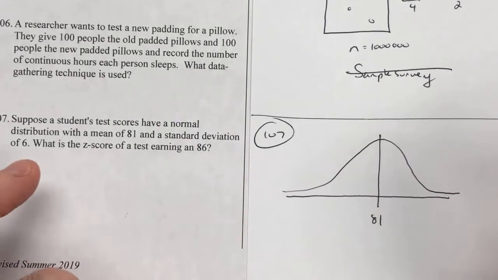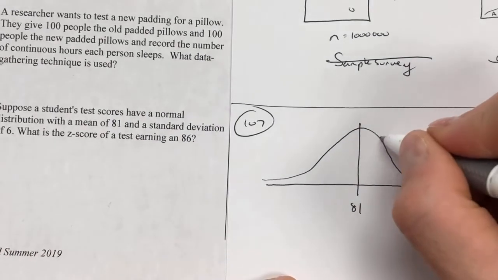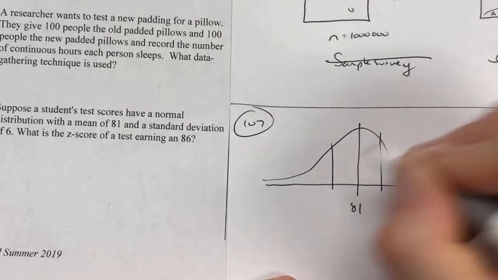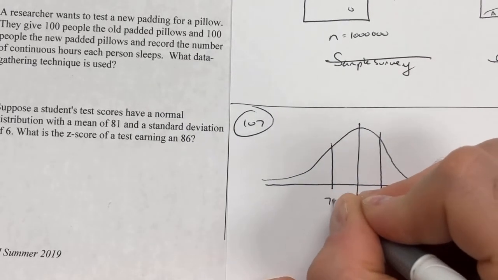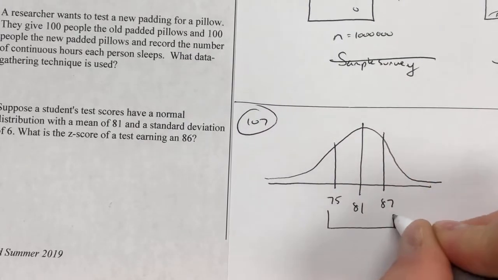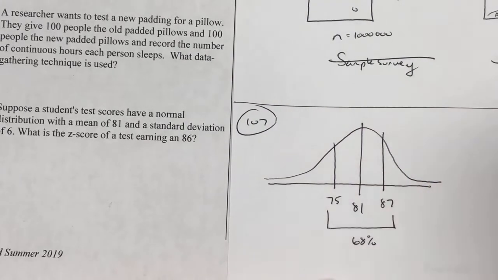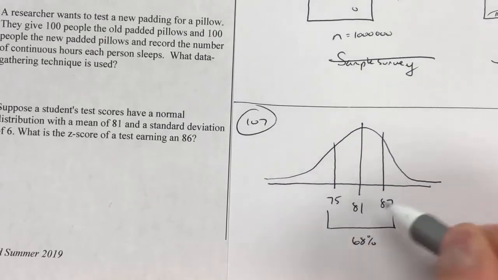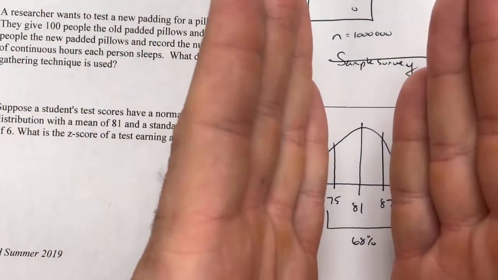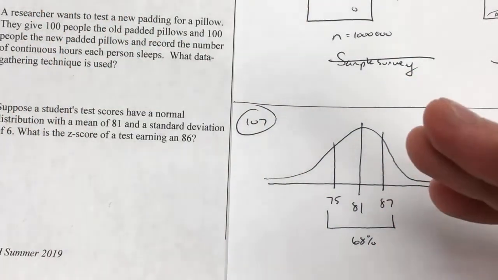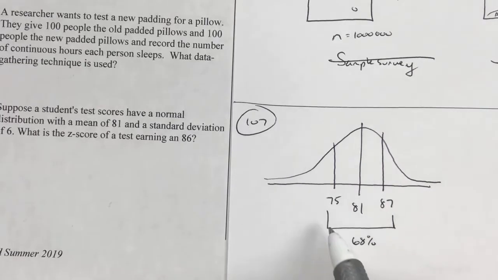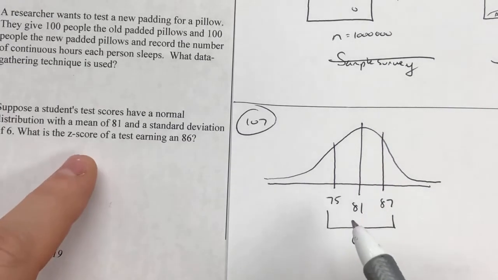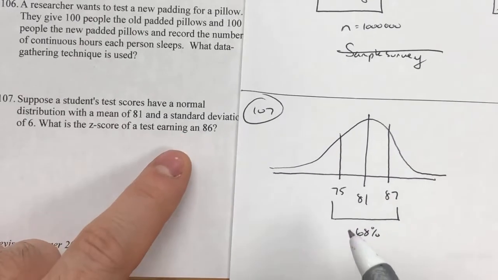If we had a standard deviation of 6, that means that of the scores with plus 6, so from 87 minus 6, 75, that 68% of all students scored between these two scores, meaning they were very uniform. Their knowledge was roughly equal. So something was being taught, or they're all roughly on the same ground. If 68% of the students score within this, what happens if a student scored an 86?